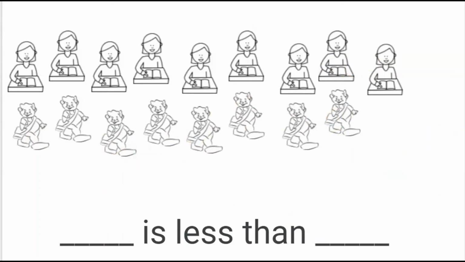Notice how I've arranged my objects in rows, so we're going to count left to right. 1, 2, 3, 4, 5, 6, 7, 8. I have 8 of the woman reading the book. Let's see how many pigs we have. 1, 2, 3, 4, 5, 6, 7.